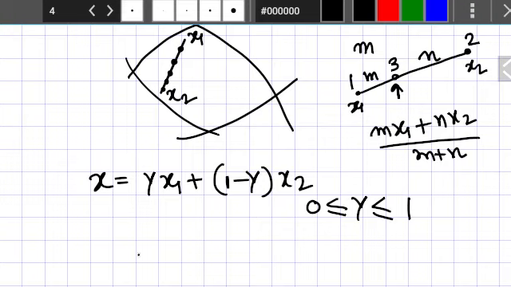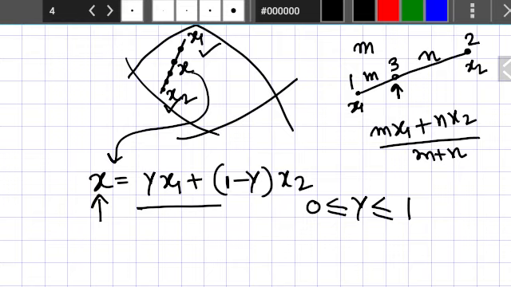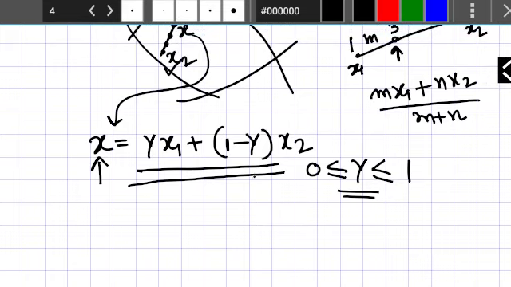So the mathematical definition is that for every pair of points x1 and x2 in the convex set, the point x is given by a linear combination of the 2 points like this. If the point x satisfies this condition, where gamma is less than 1, then you can say that the point is in the convex set. Gamma can be like 0.5 etc.